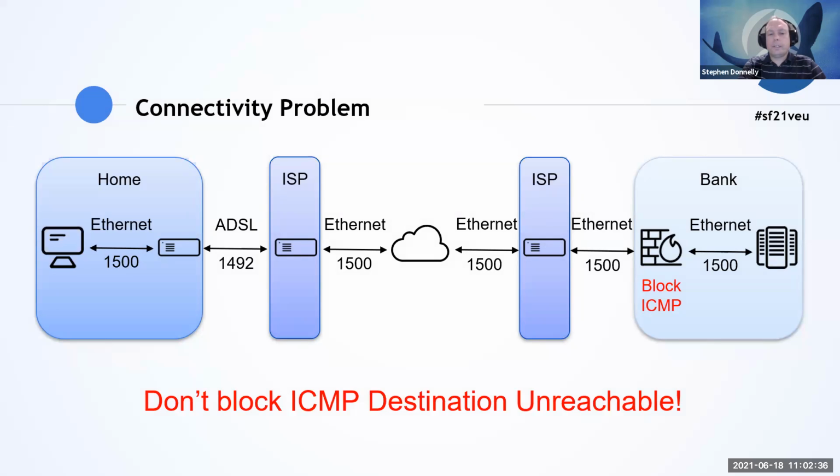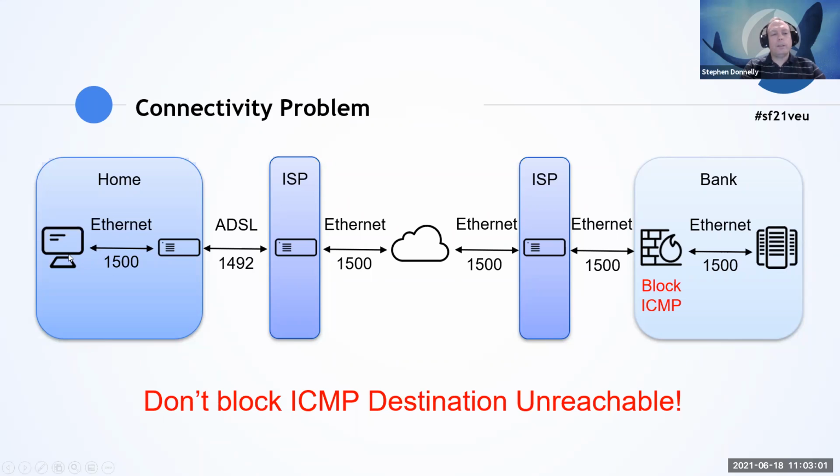So the short answer there is don't block ICMP unreachable messages. That's going to prevent you from being able to do path MTU discovery, and that may prevent you from being able to connect to certain sites. There is another workaround, which is the router at this end can pin the MSS advertisement.